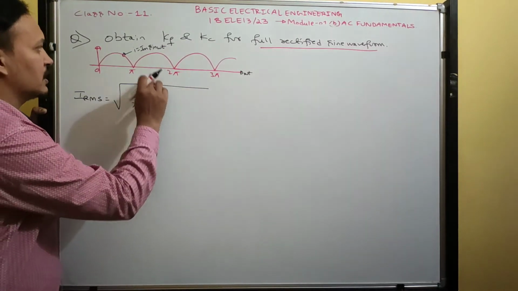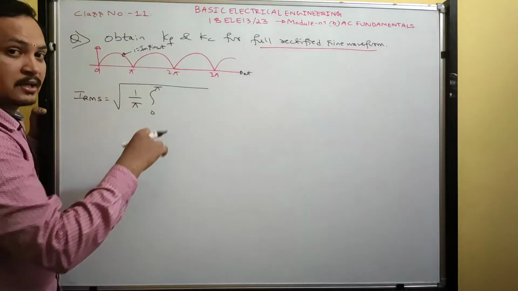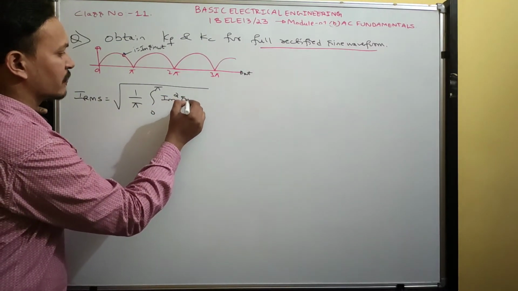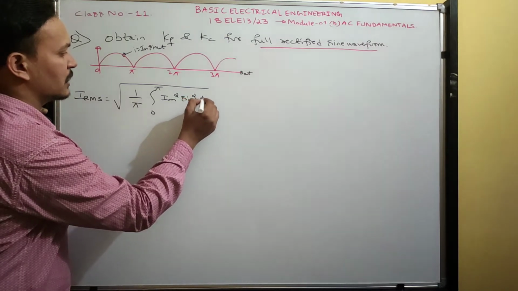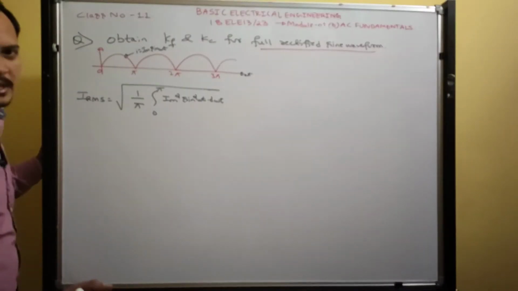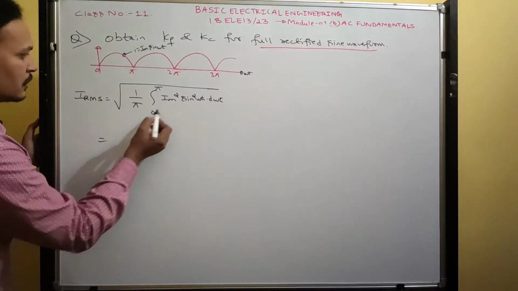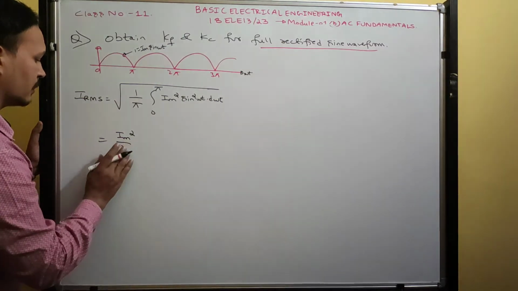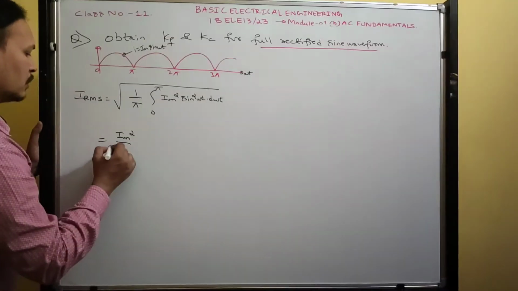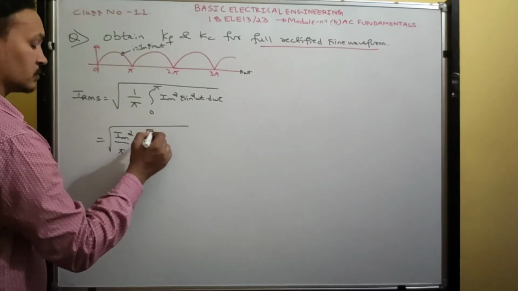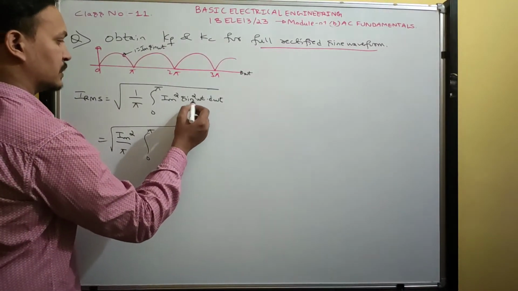So I square. What is I here? Im sin omega t. Take the square of that. Then it becomes Im square sin square omega t d omega t. That's it. The rest is basics. Just integrate this. Take Im square outside. Im square by pi, whole square root of, within the bracket, the integral from 0 to pi of sin square omega t.